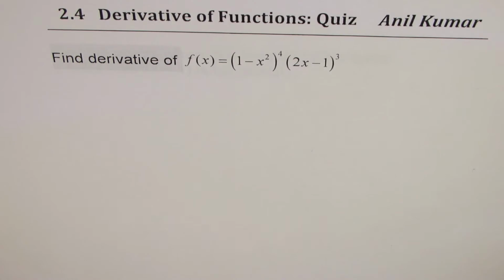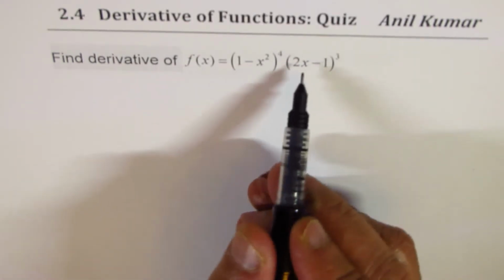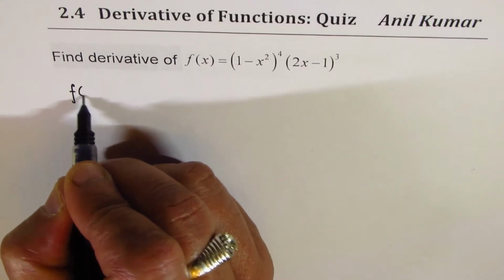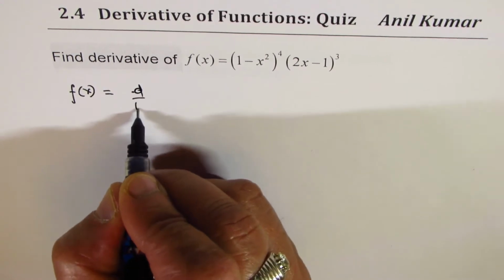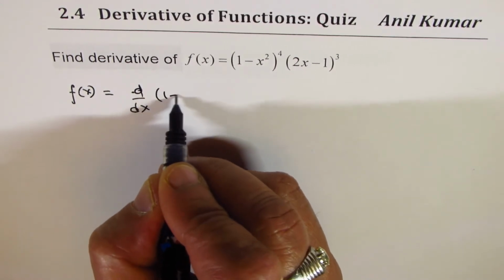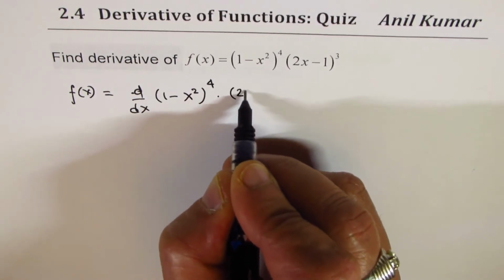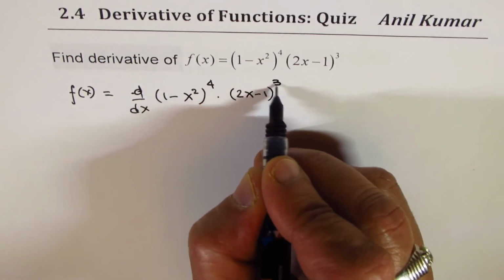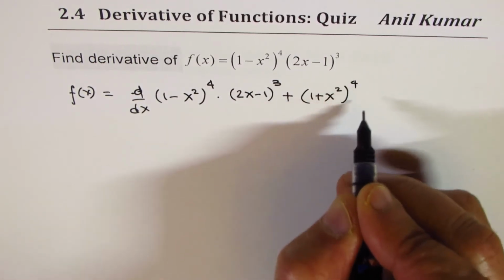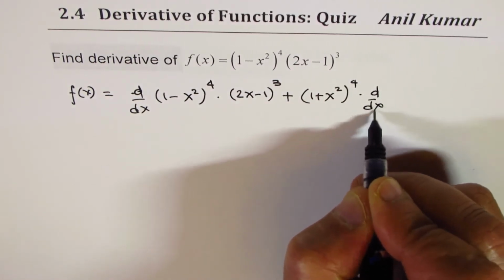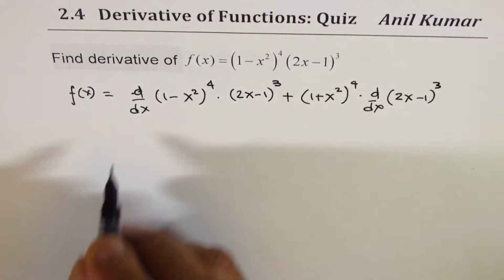Okay, so we have one more of the similar kind. We'll find the derivative of this function using the product rule. So we could write the derivative of f of x as the derivative of the first function. Let me write in full form. Derivative of 1 minus x squared to the power of 4 times 2x minus 1 whole cube, plus first function, which is 1 plus x squared to the power of 4 times the derivative of the second function, which is 2x minus 1 whole cube, correct?